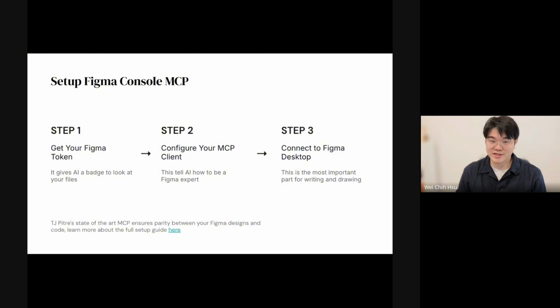And one mistake I noticed in setting up the Figma Console MCP was that I forgot to download their repo from GitHub, because step three actually requires that you import a manifest file to Figma as a plugin, right?